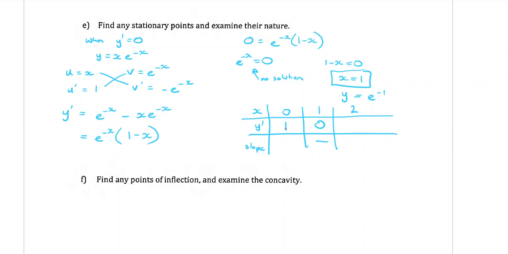Oh, it's 1. Okay, sub in 2. It's negative, but negative what? All right, 3, 8, or 3, 9 will do. So it's positive, 0, negative, which means that we've shown that it's a maximum at 1, e to the negative 1.